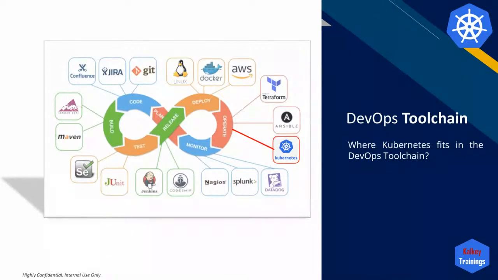Anyway, what I was saying is, where does Kubernetes fit in? You see, this is the cycle of the DevOps life cycle. There are almost all the phases of a software development life cycle, where you will also find after deployment or during deployment, where do you deploy and where do you maintain your application?